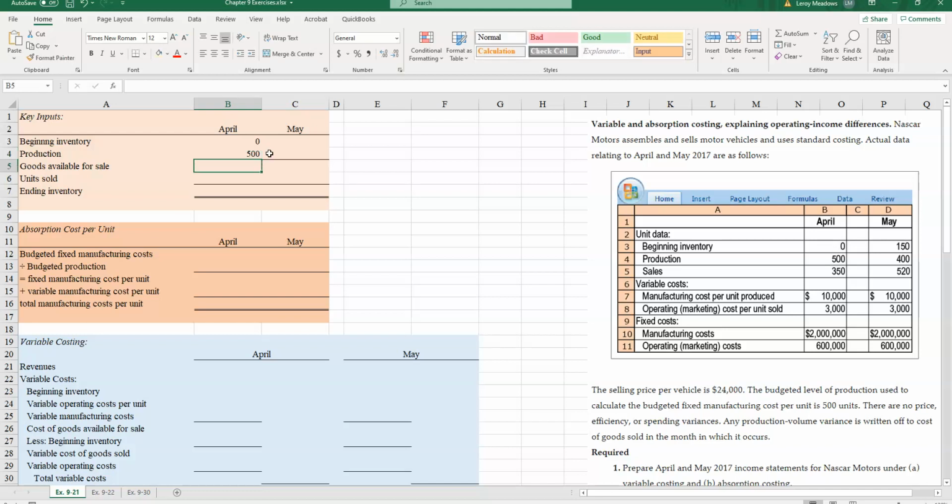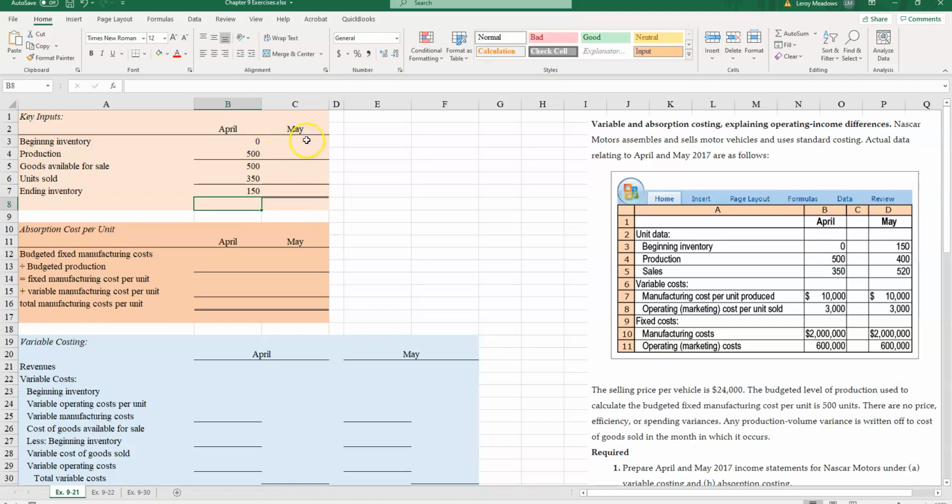So how many units am I going to have available for sale? Well, I'm going to have 500. Then I subtract out the number of units sold, 350 units. So that leaves me with 150 units in ending inventory for April.